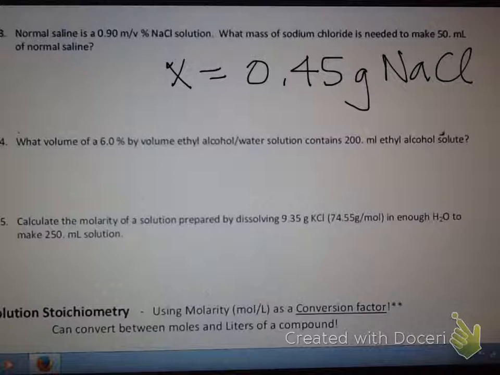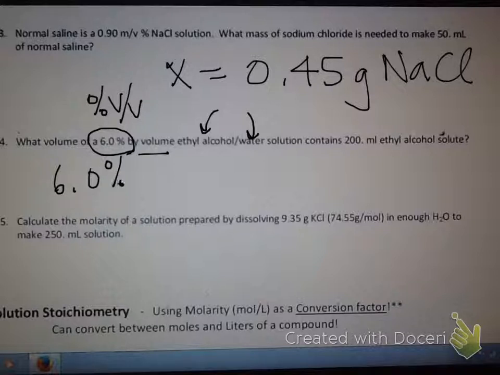It says, what volume of a 6% by volume ethyl alcohol/water solution. So we have a solution of ethyl alcohol and water. One of these is our solute, one of them is the solvent. We're given the percent, 6% by volume. So this is our percent volume, milliliter over milliliter.